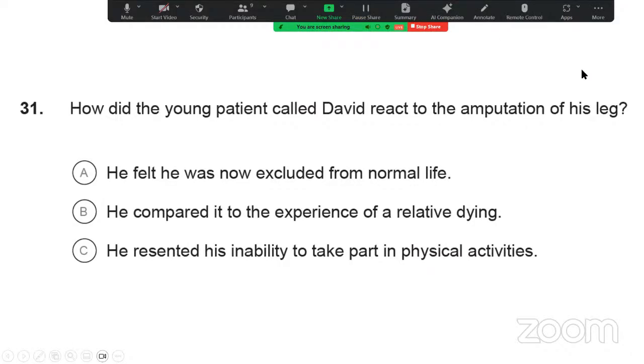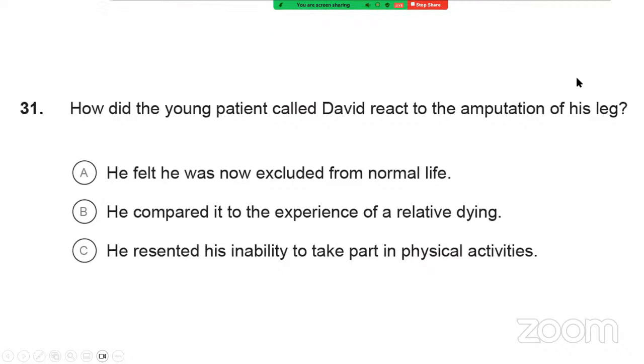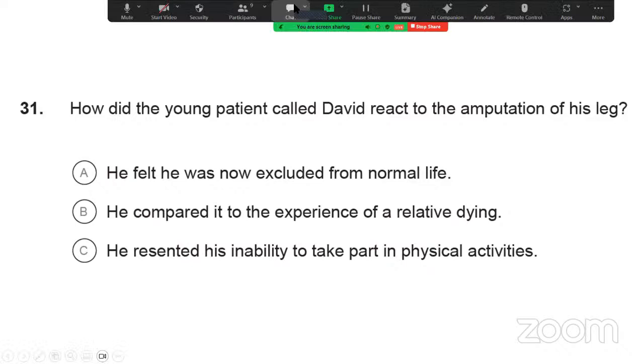Go through this question, how to identify the technicalities. Study this question.